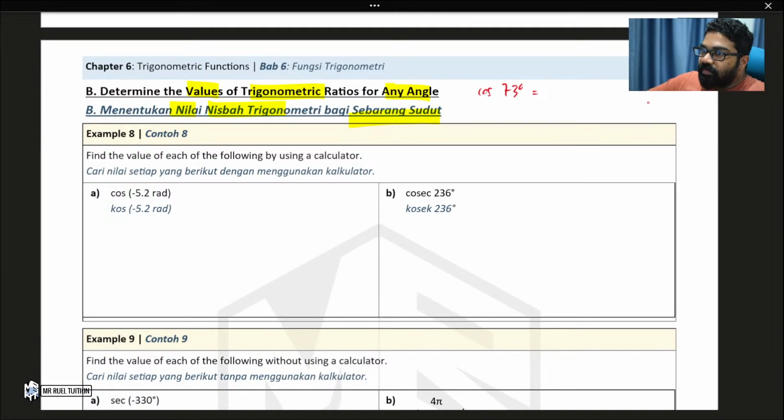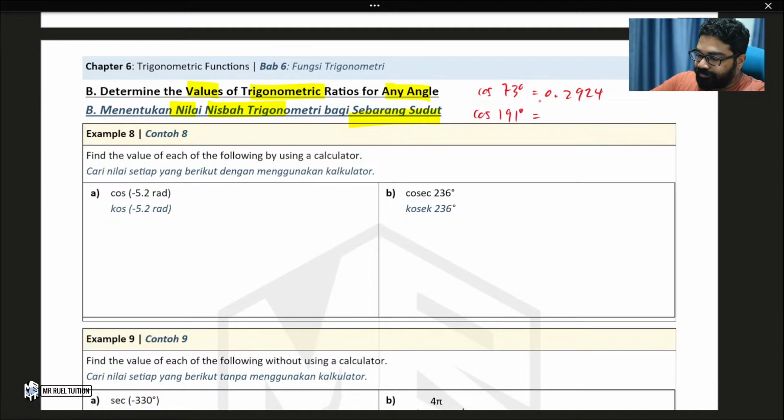That's all, isn't it? So cos 73, you press in the calculator, you will get 0.2924. Okay. If I ask you what is cos of, let me see, 191.